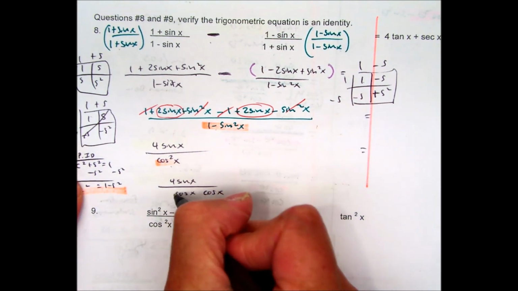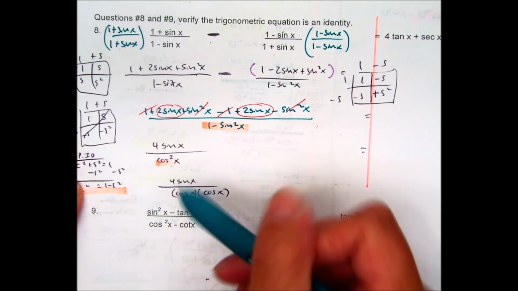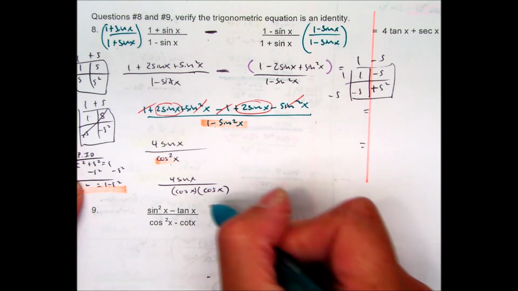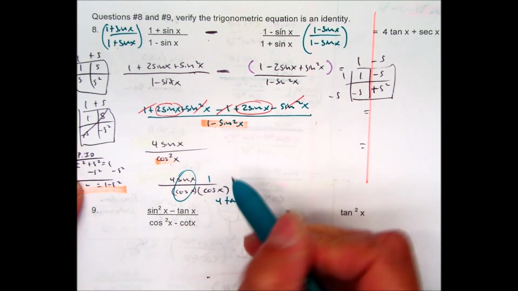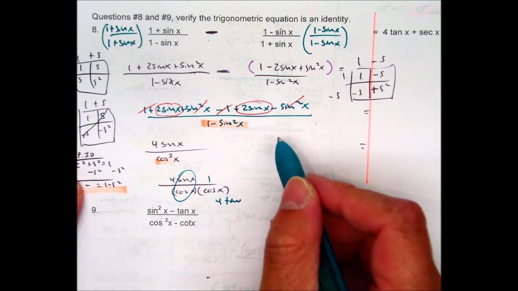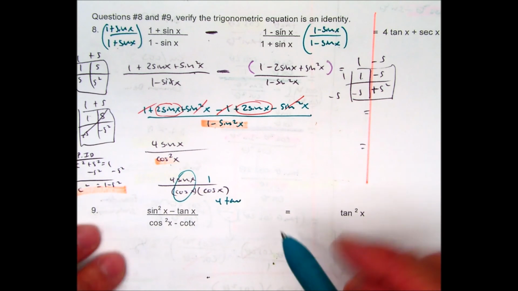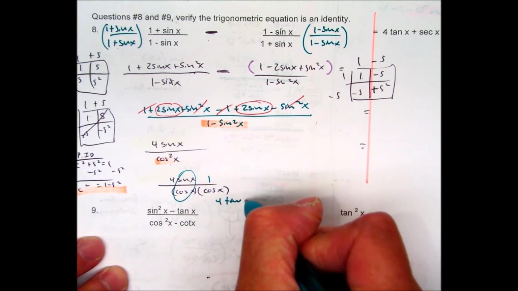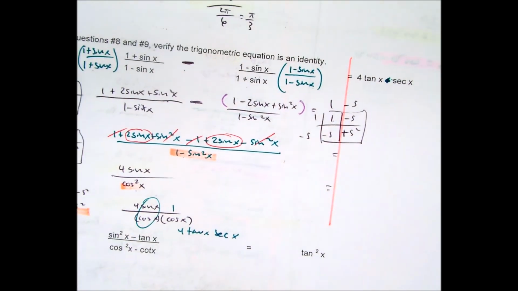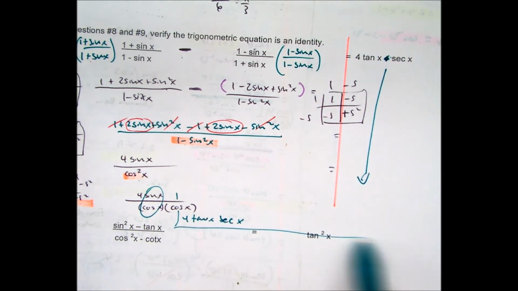Right? Cosine times cosine? That's where I got it from. So then sine over cosine turns into 4 tangent, and then 1 over cosine is secant. I think that was a typo. I think this one should say multiplication. And now they are equal.